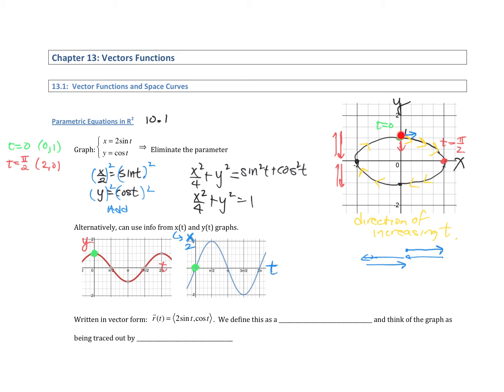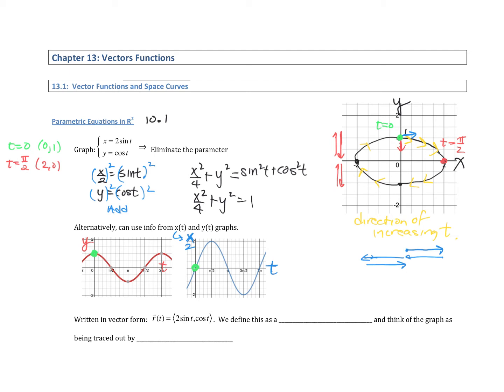Putting those together, we're moving to the right and down. This is our direction. So sometimes when we can't eliminate the parameter and we want to try to get an idea of what's going on in the XY graph, we can graph these individually, and that tells me how X acts as a function of time, which tells me horizontal movement, and how Y acts as a function of time, which tells us vertical movement.